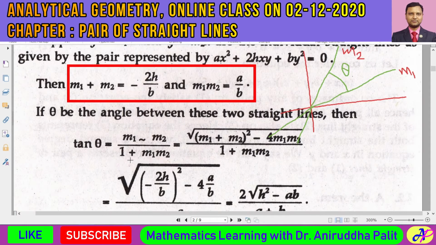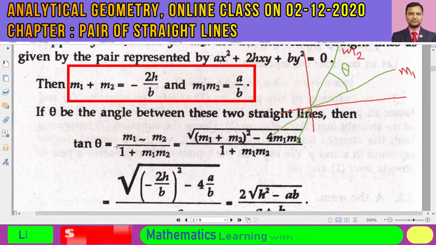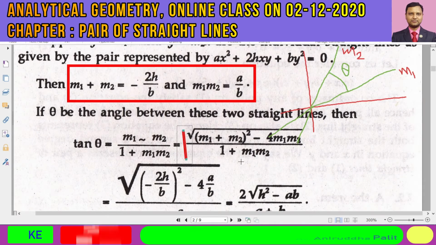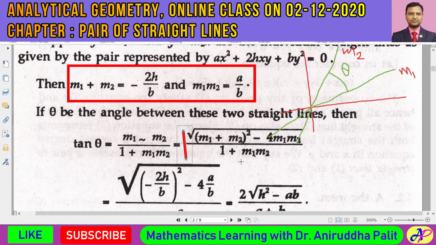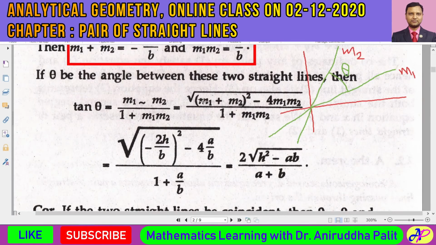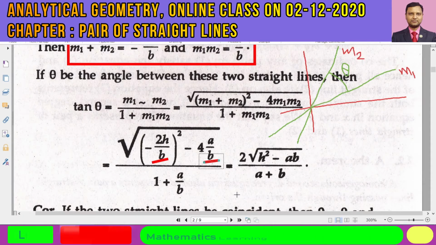That's why we made such manipulation that ultimately everything is converted into M1 plus M2 and M1 multiplied by M2, so that now we are able to apply these two results. M1 plus M2 is equal to minus twice H by B, and M1 M2 is equal to A by B. Got it?